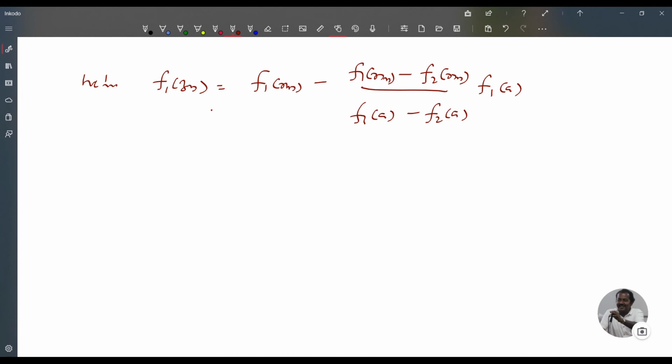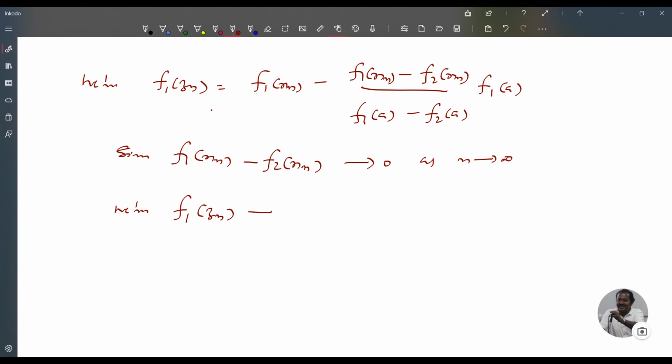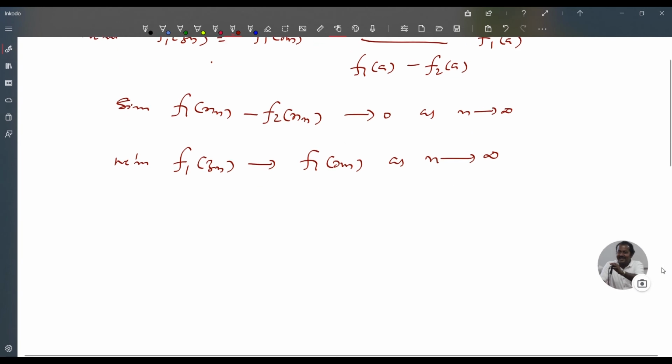So since f1 of xn minus f2 of xn converges to 0 as n tends to infinity, we have f1 of Zn converges to f1 of xn as n tends to infinity. So this implies f1 of Zn minus f1 of xn converges to 0 as n tends to infinity.